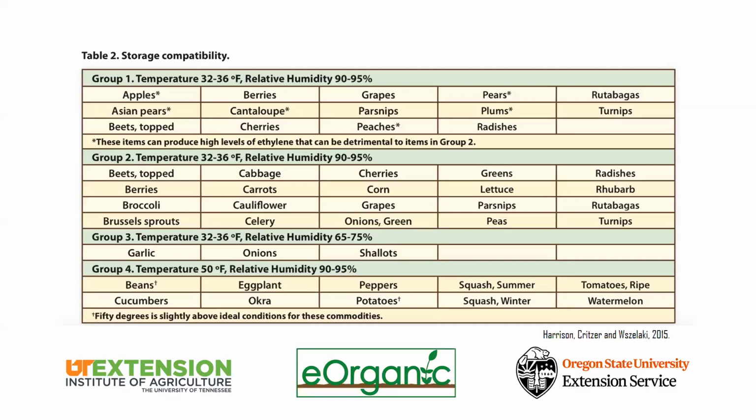So we want lower humidity in those. And then group 4 is the chilling sensitive things, that if we stored them at 32, we would get chilling damage on those. And the difference between group 1 and group 2 is ethylene producers versus non-ethylene producers. The rutabagas and the turnips kind of go in both categories, but a lot of the rest of these we're going to keep away from the things in the top category because they would cause ethylene damage.